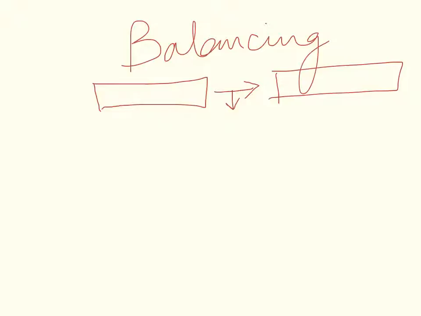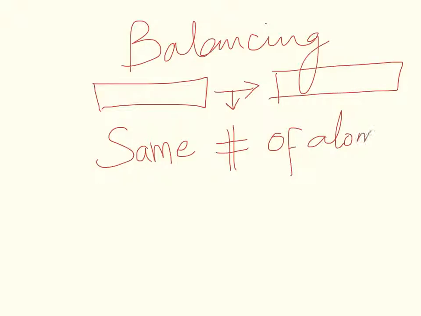One important thing to keep in mind is that there will be the same number of atoms of a certain element on both the reactant side and the product side at the end of balancing.